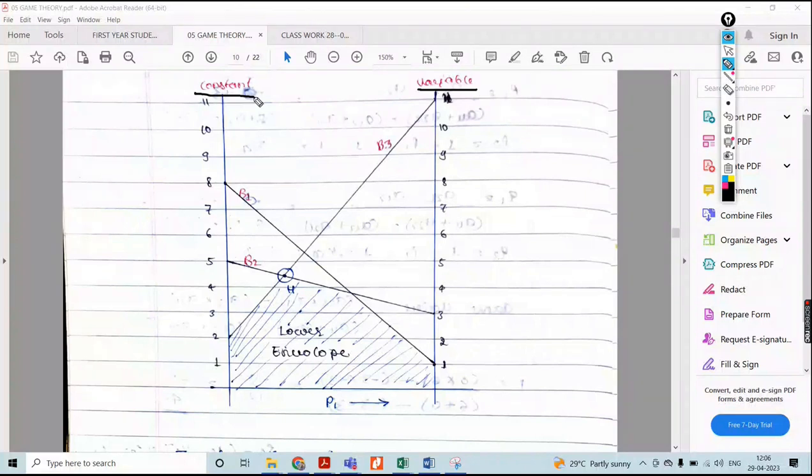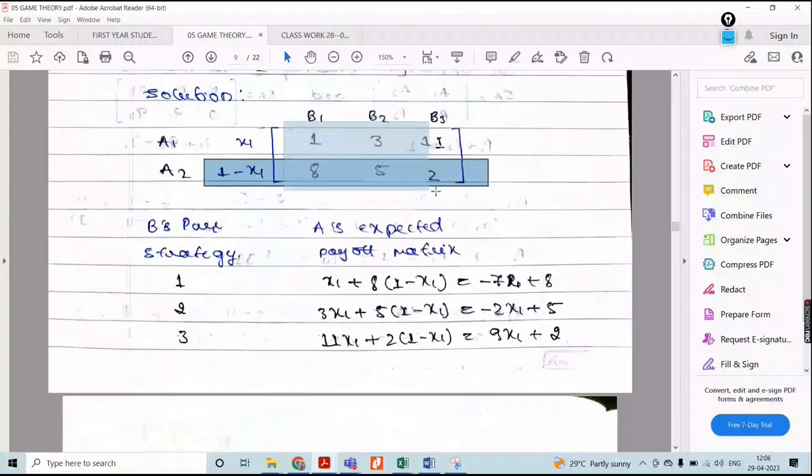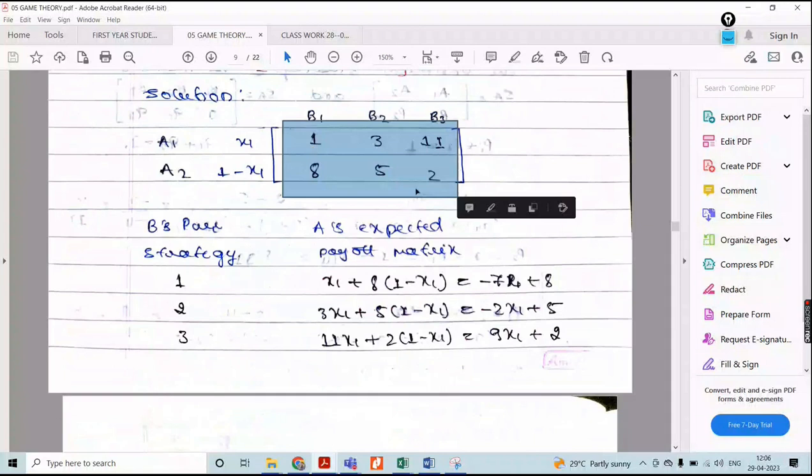So the first point is 1 and 8. Whatever line you are going to draw, you have to mark the points on it. But whenever you are marking these values, you should know what the minimum value is and what the maximum value is from that matrix. In this matrix, the minimum value is 1 and the maximum value is 11.